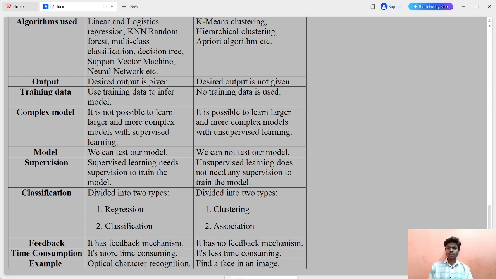Time consumption: supervised ML takes more time, and unsupervised ML takes less time. An example of supervised ML is optical character recognition. An example of unsupervised ML is finding a face in an image.